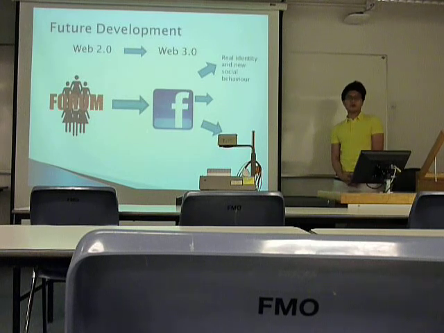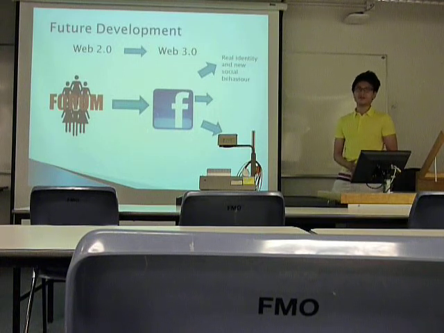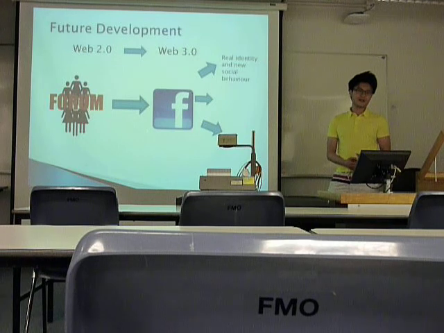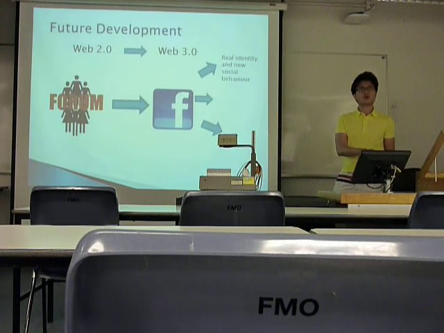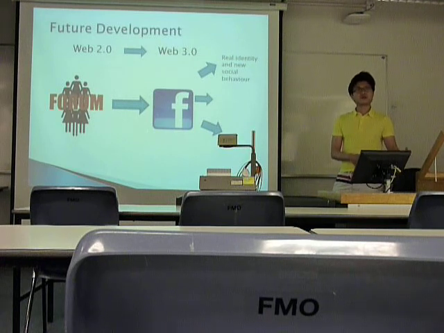First of all, on Facebook you use your real identity and social behavior. But in the forums in the past, you would not have a real identity. You would not type in your real name, and your information would not be open to the public. But in Web 3.0, you would like to share your real identity with others.